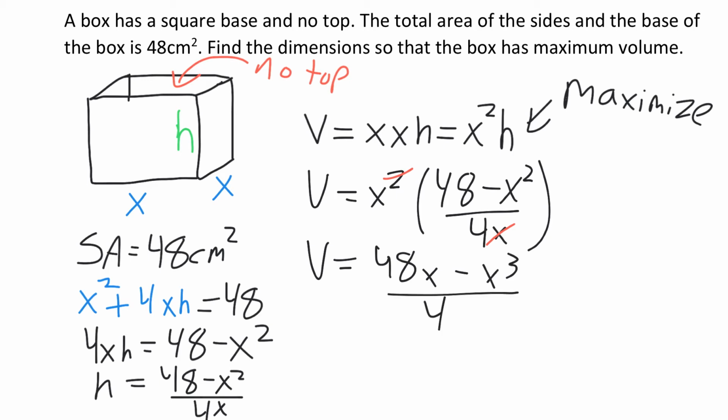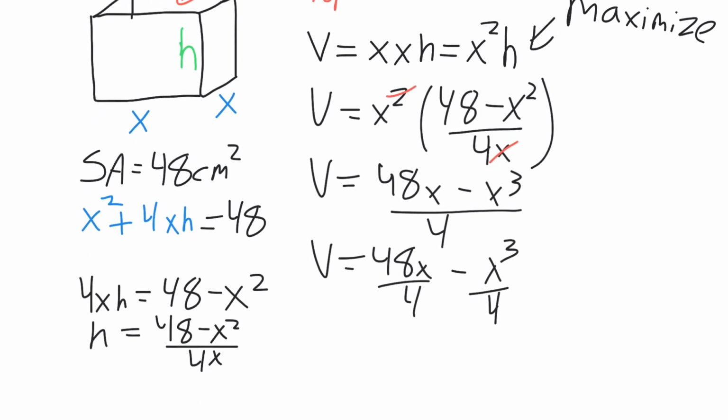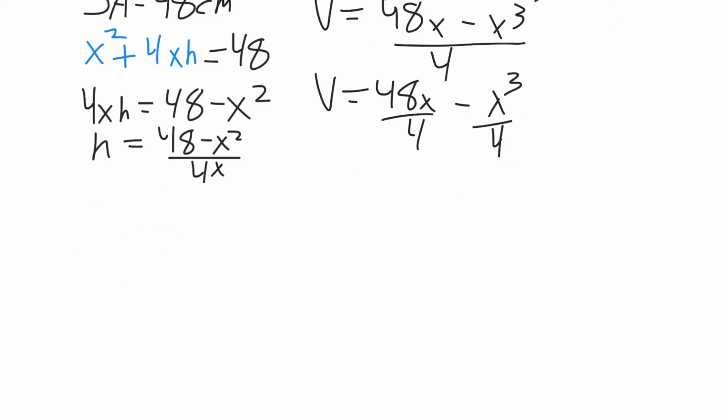And if we wanted to go further, we could break each one up into an individual term. So we have 48x over 4 minus x cubed over 4. All right, so let's go ahead and actually take the derivative. So we'll have the following.